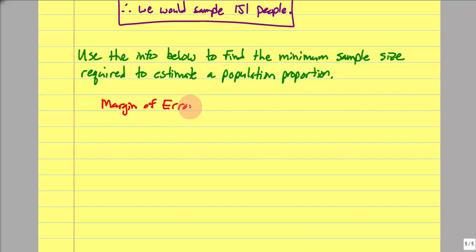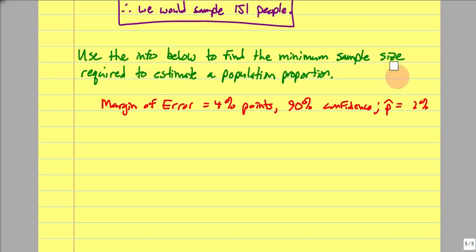So margin of error equals 4 percentage points. Confidence level, let's say, is 90%. And we're also given that from a prior study or some other background, we know P hat is equal to 0.52 or 52%.